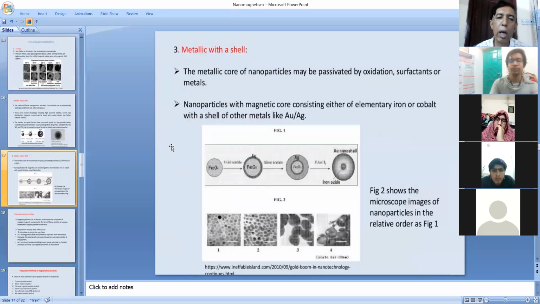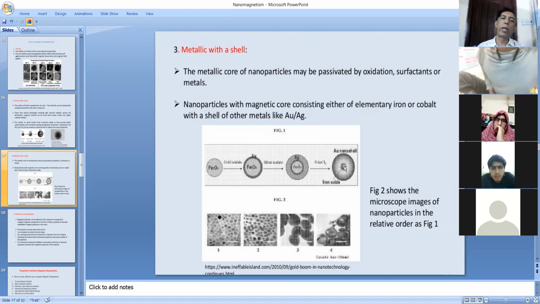You'll get some metallic shells also outside the iron oxide. Say for example, you see here, this is iron oxide, and around it there is a silver coating. Iron oxide, and there is gold coating.